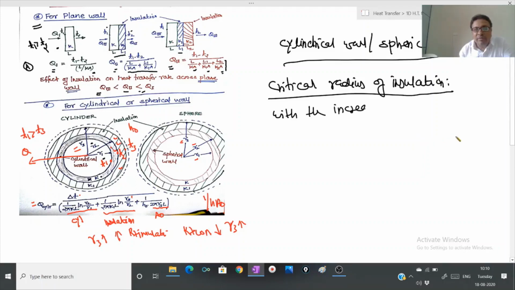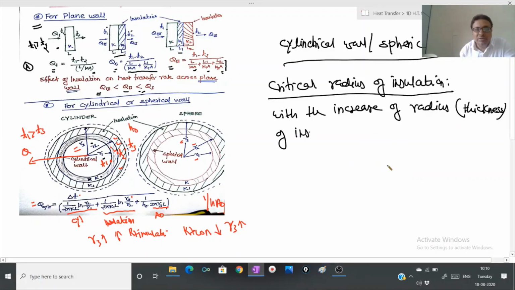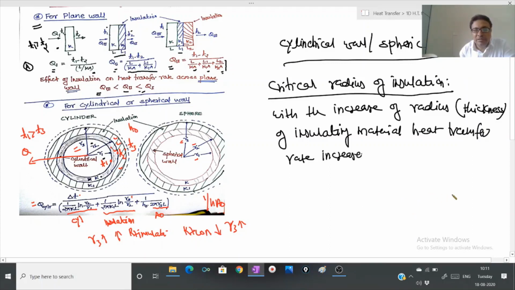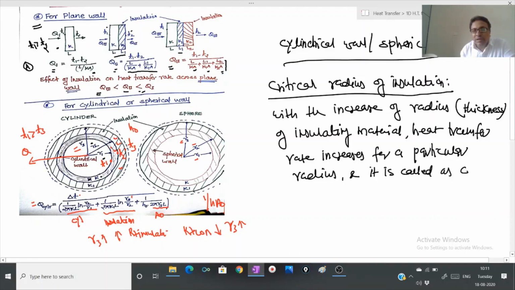With the increase of radius, or thickness, of insulating material, heat transfer rate increases up to a particular radius, and it is called the critical radius of insulation.